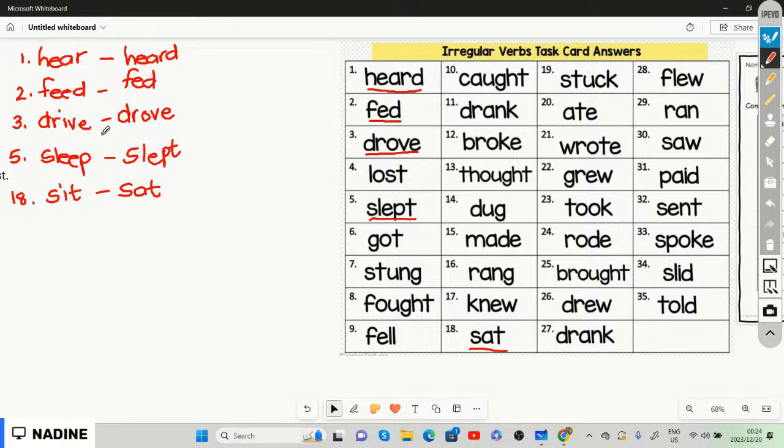So you're just going to have to know the specific verb when you write down its past tense form. We don't just add ed because that means it is a regular past tense. But in this case, we're doing irregular past tense, right?